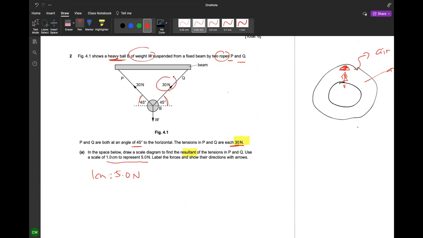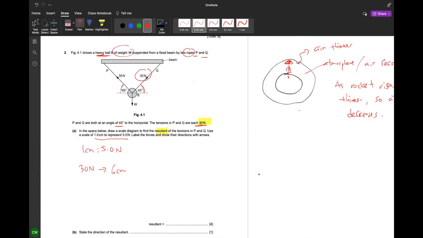How many cm shall we draw here? 30 Newton, how many cm? 30 is 6 cm, correct? Okay, I want you to draw a line like that. That means this is the 45.